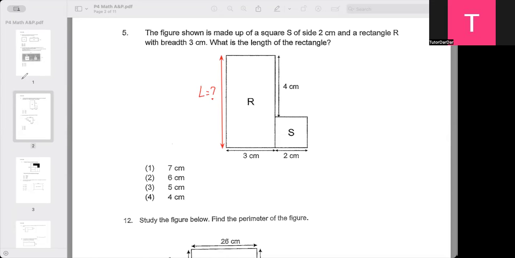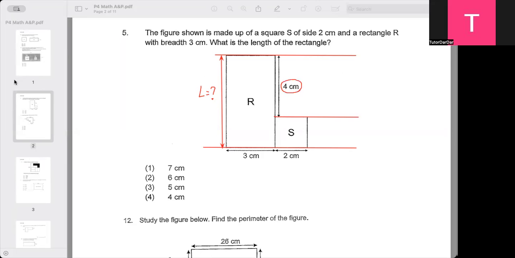So based on this, what can we see? This line to this line. And you already know from here to here, which is 4 cm.